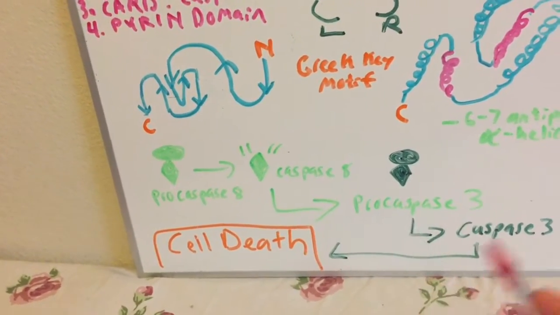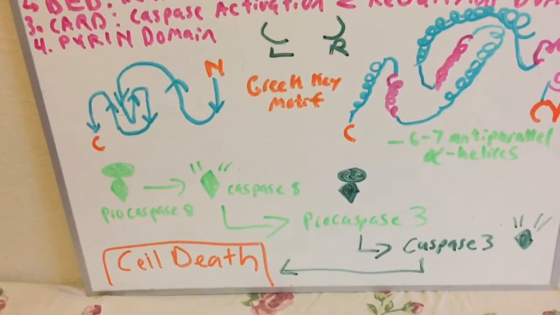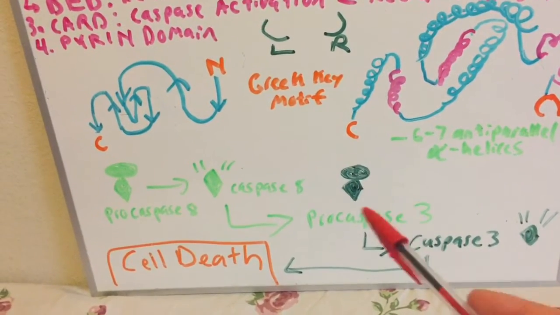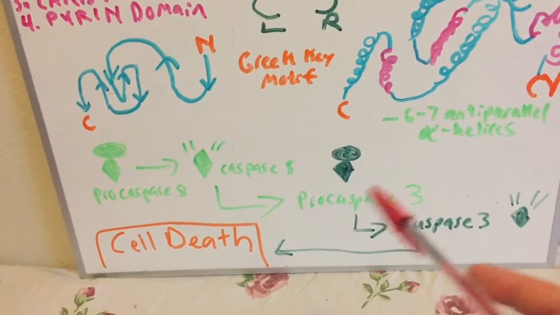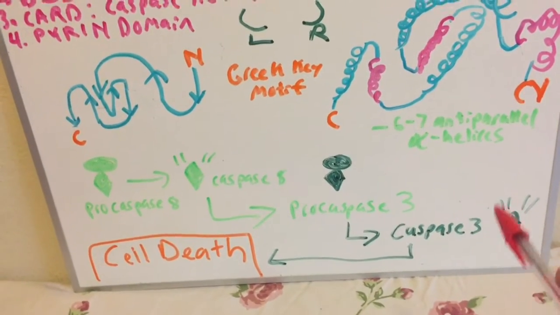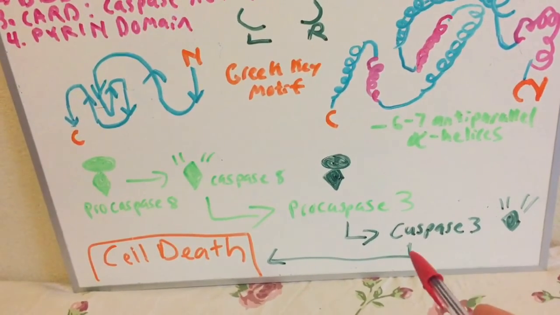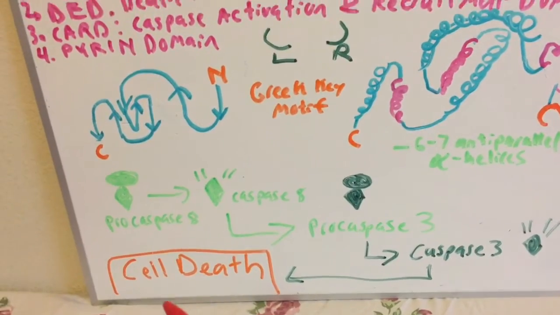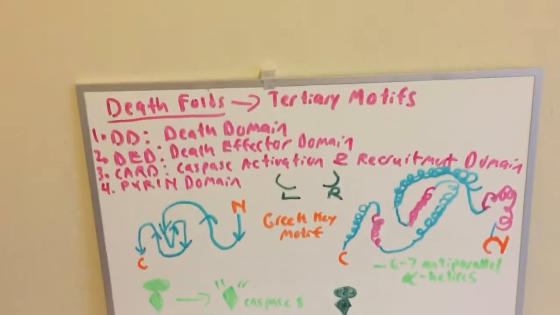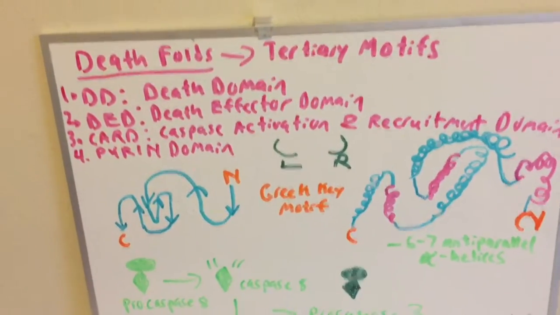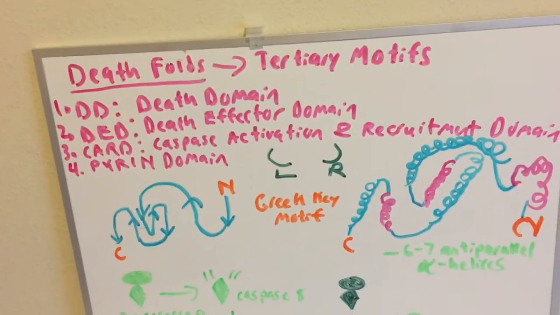Then it recruits procaspase 3 and activates it as caspase 3, which then fully initiates cell death via the extrinsic pathway.